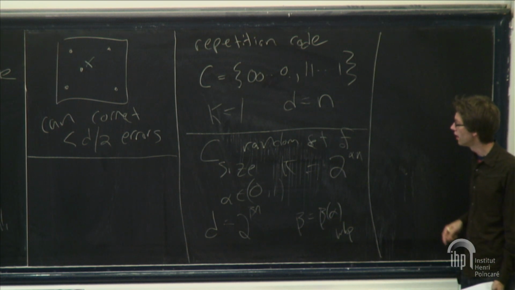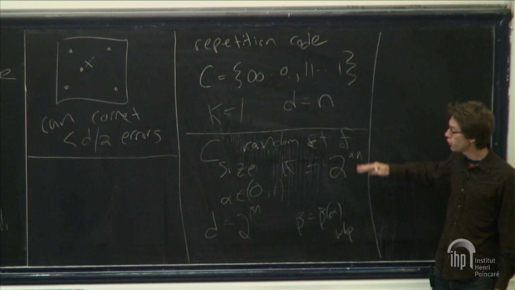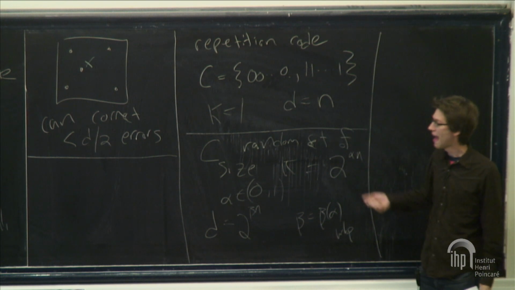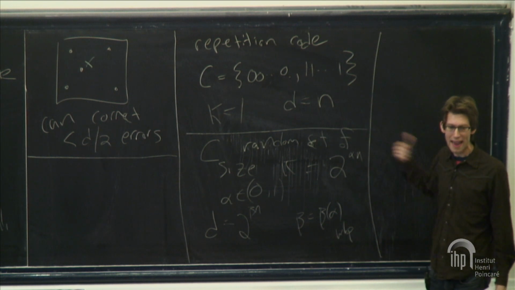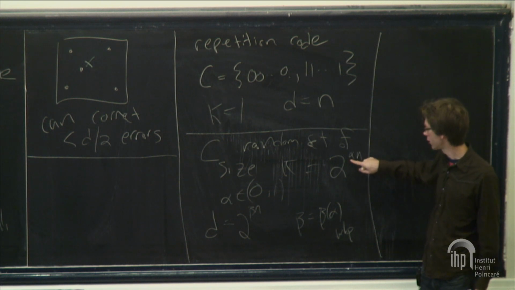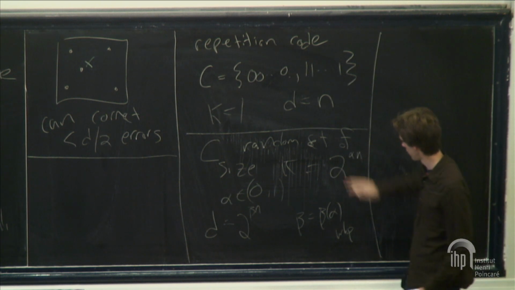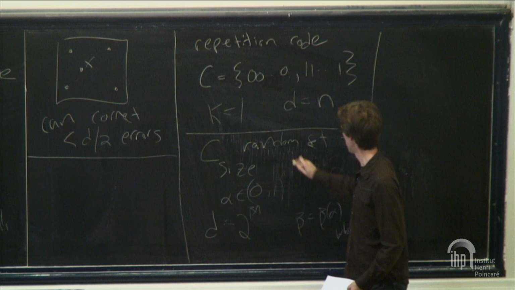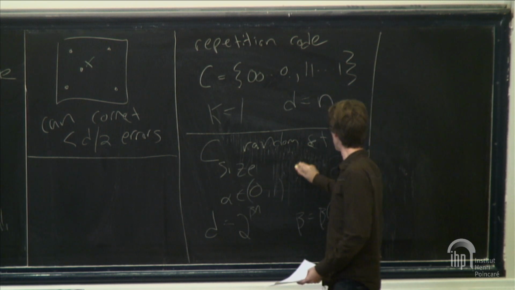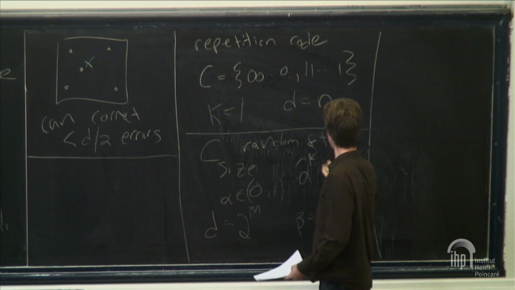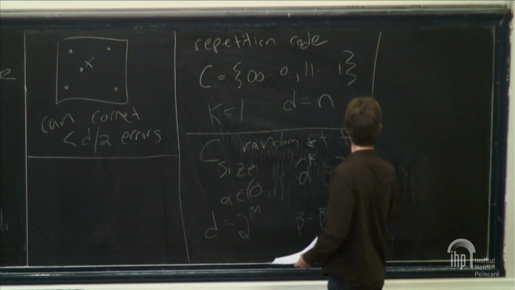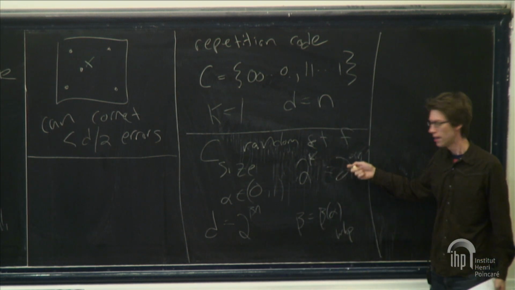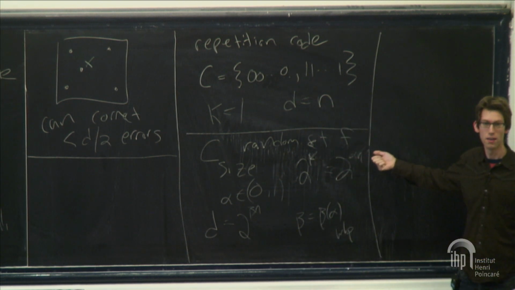It involves entropies. But this says that if you choose a random code, then you'll have what's called linear rate and linear distance. 2 to the k equals 2 to the alpha n. So k, the number of encoded bits, is a constant fraction of n.